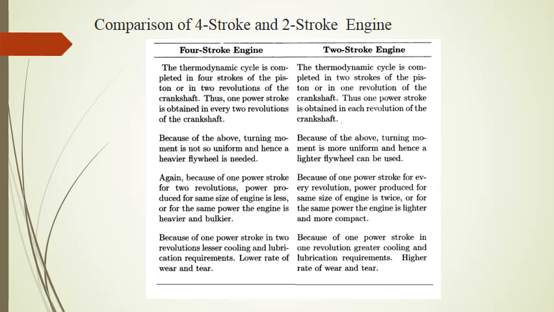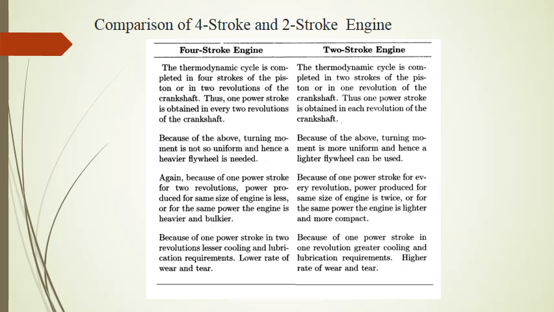This can be explained by the expression that I have shown you on the previous slide. Here we were having the expression Pm into L into A into N upon small n. So basically in the case of four-stroke engine, that small n is equal to 2.